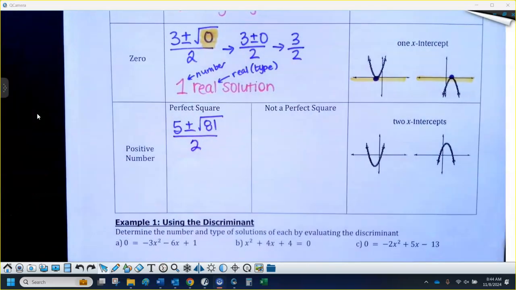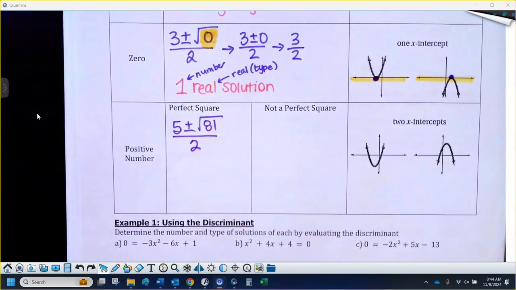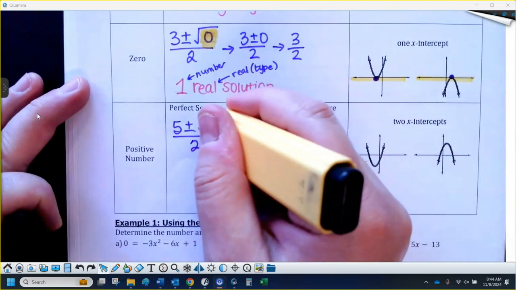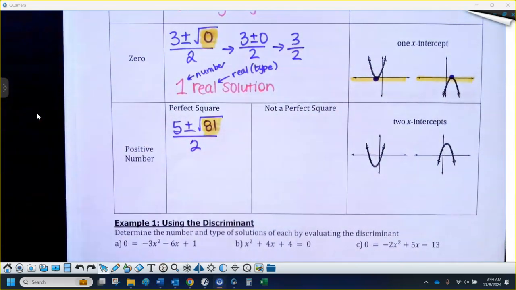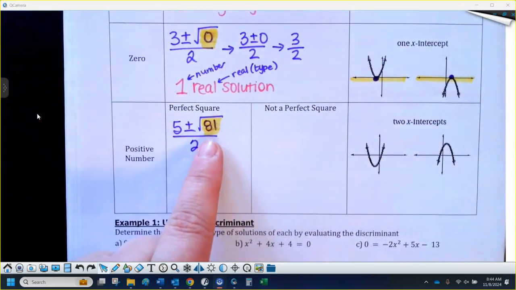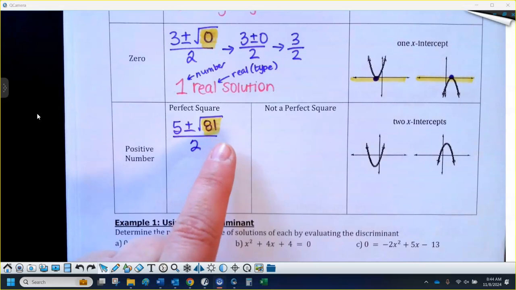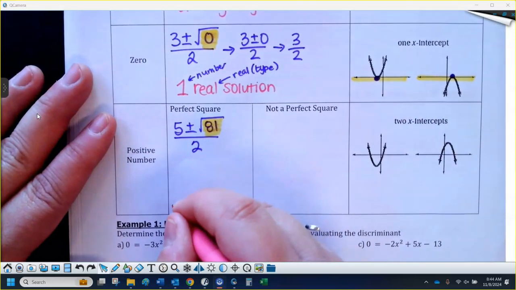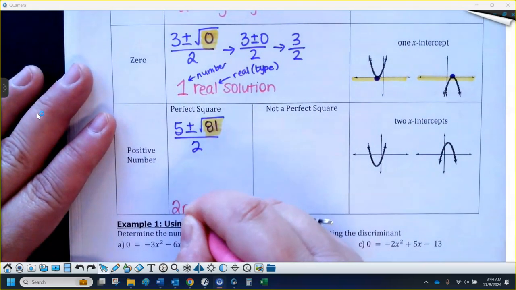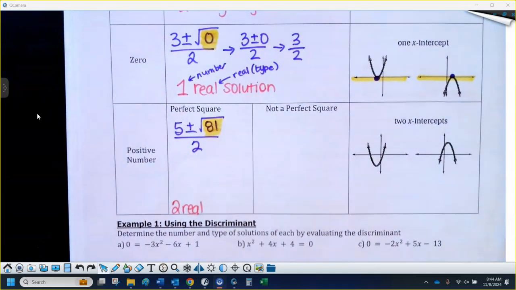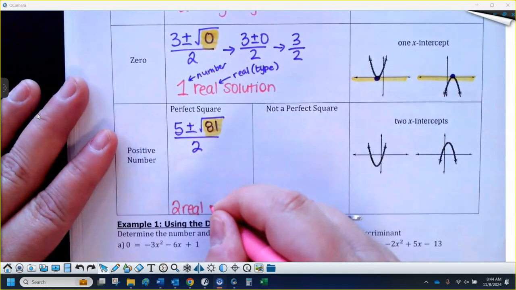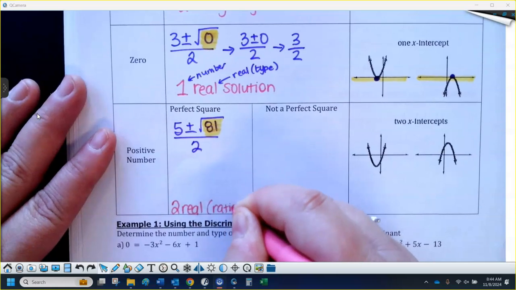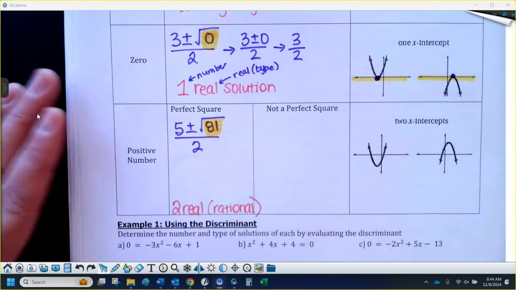Maybe that's divisible by 2, I'm just making it up. So I went through, I did my discriminant, maybe I did the whole quadratic formula. If what you have under the square root is a perfect square, then there'll be real solutions, and what I'm going to add to that is that those solutions will be rational.